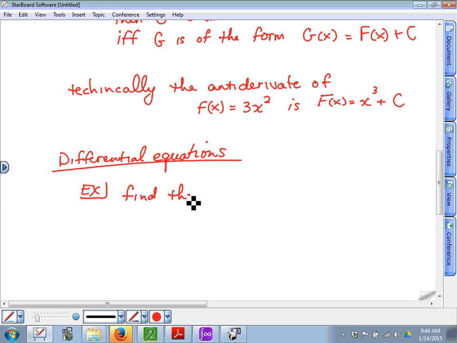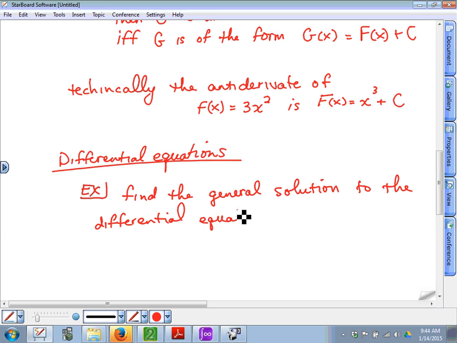Find the general solution to the differential equation y prime equals 2. Now this is just a difference in notation. What does the prime mean? That this is the derivative. So what we need to find is the antiderivative, whose derivative would be this, if that makes sense.